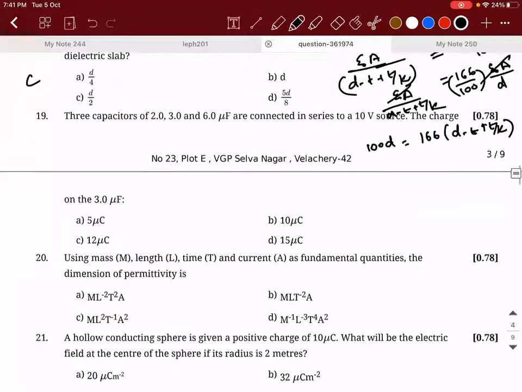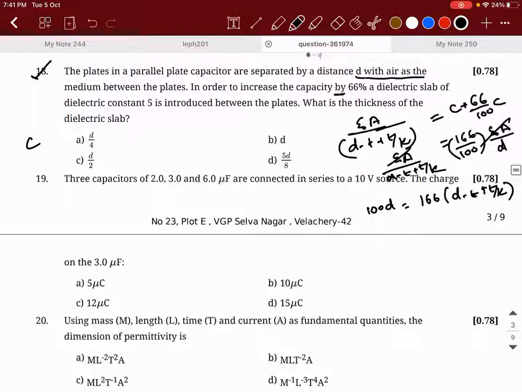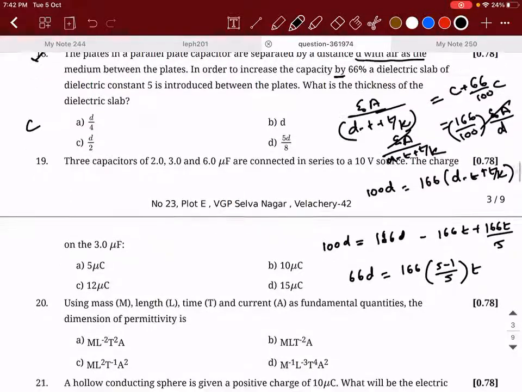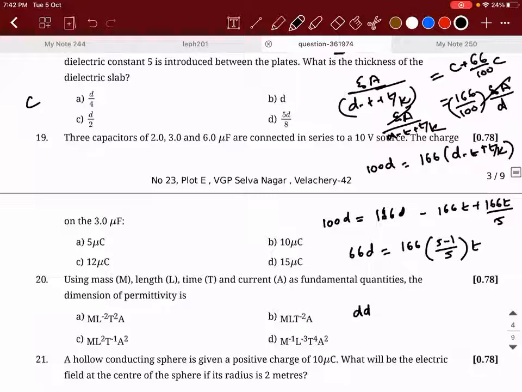D is given, and your answer should be in terms of D. So 100D is equal to 166D minus 166 times T plus 166 times T divided by kappa, which is 5. Rearrange the equation. Bring all the T terms to the left-hand side. What will you get? So 66D will be equal to 166 into 5 minus 1 by 5 times T. What is the answer?